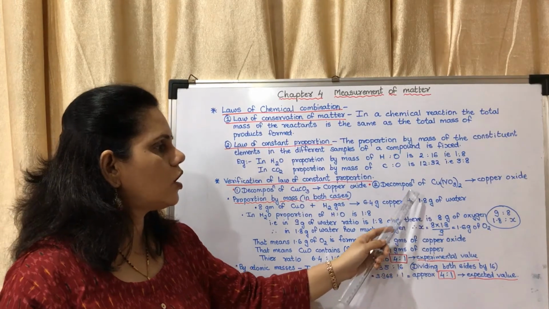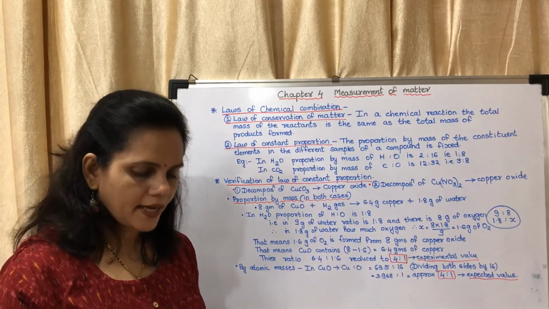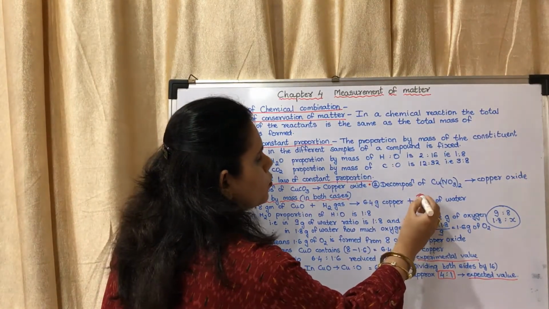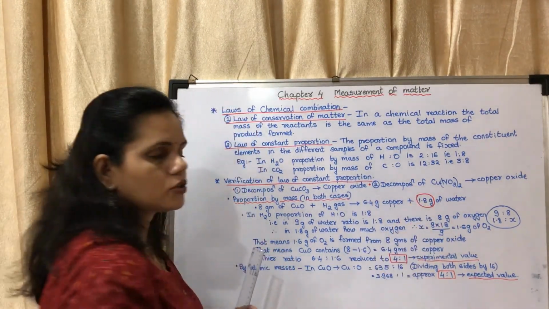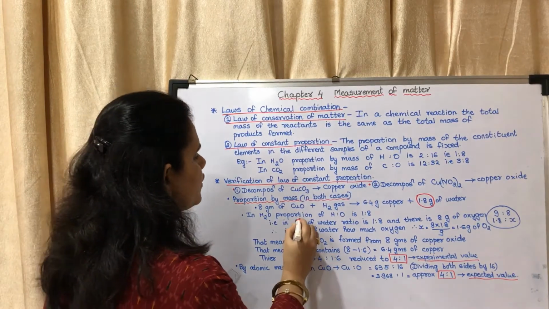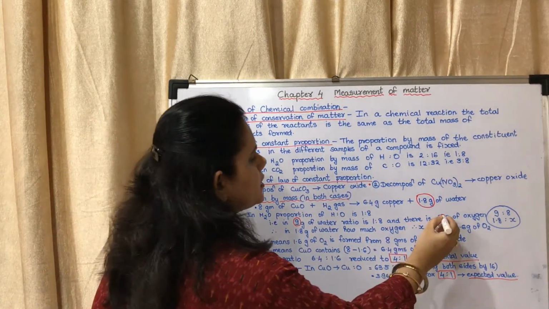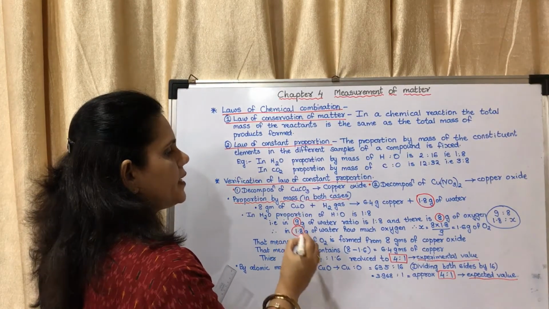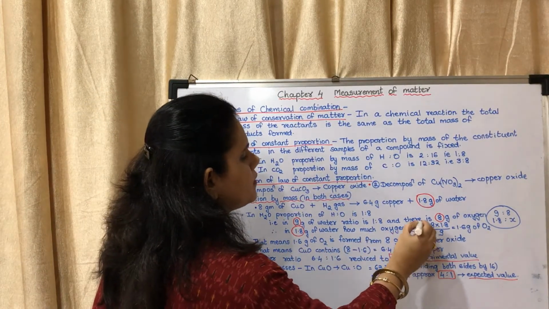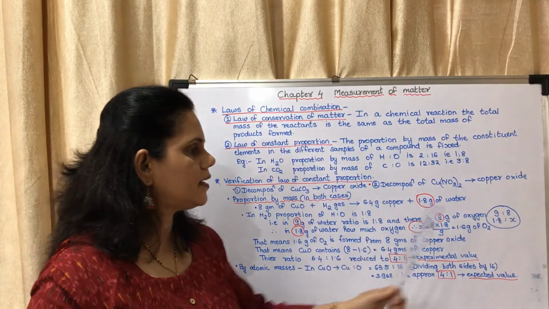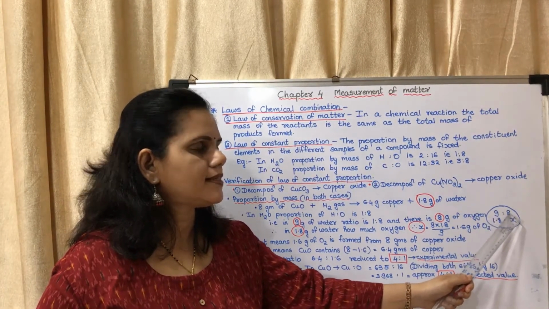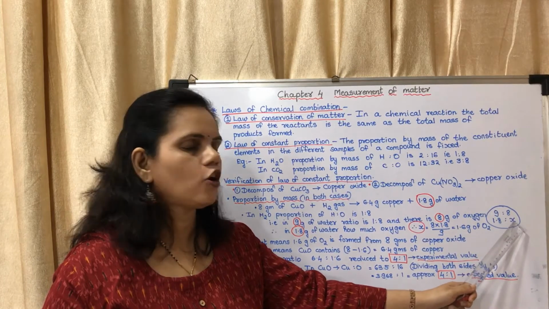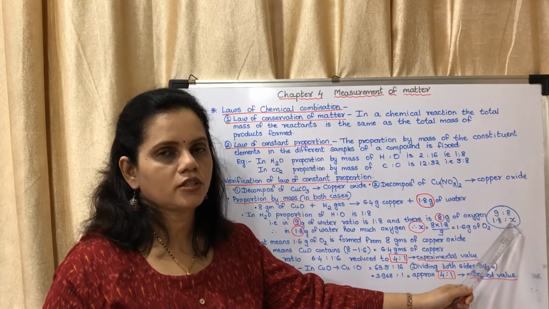So how much did you get here? You got 1.8 grams of water in this reaction. So if in 9 grams there is 8 grams of oxygen, in 1.8 grams how much oxygen will be there?